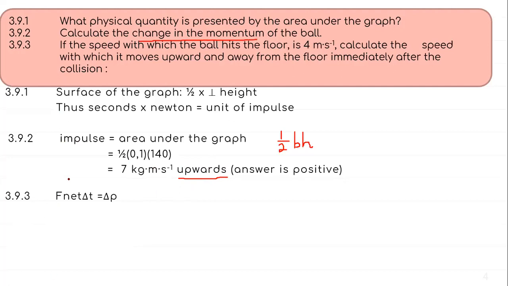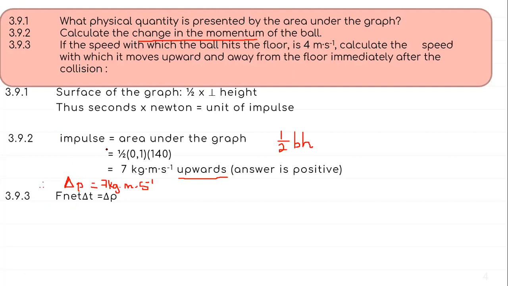So, to always be on the same side, you can just say, therefore, the change in momentum is exactly equal to 7 kilograms meter per second altogether.